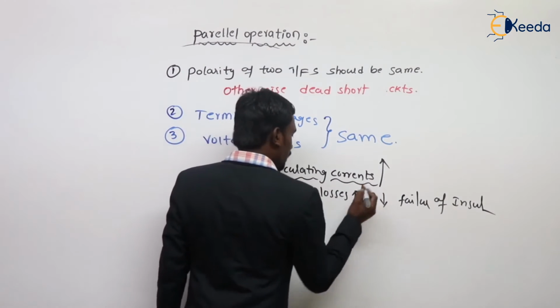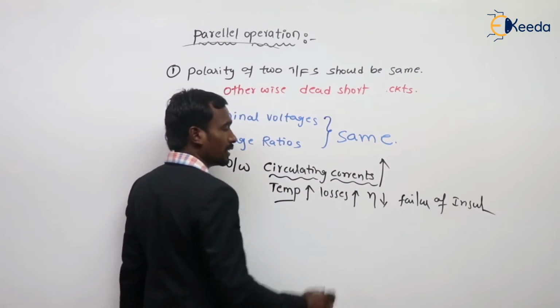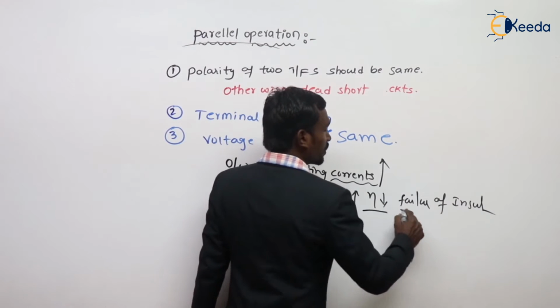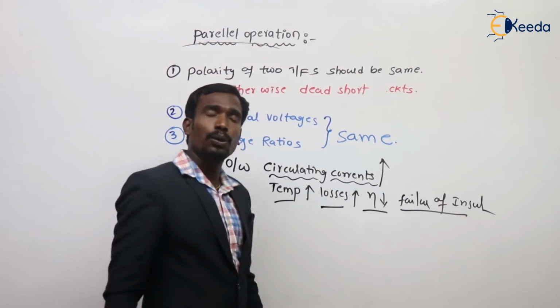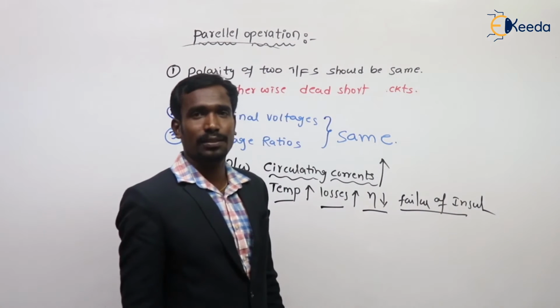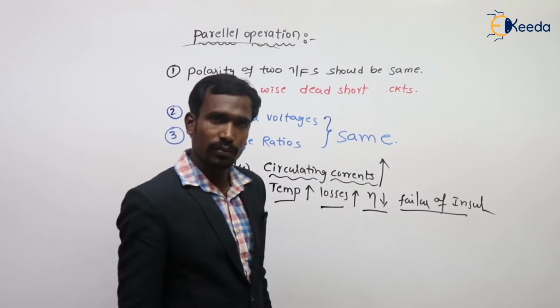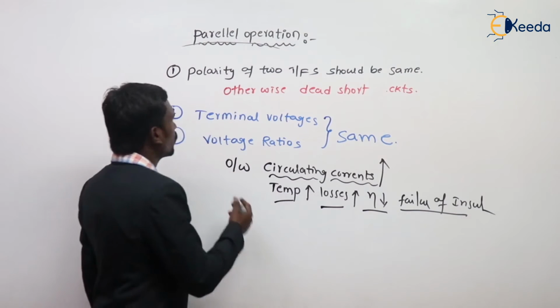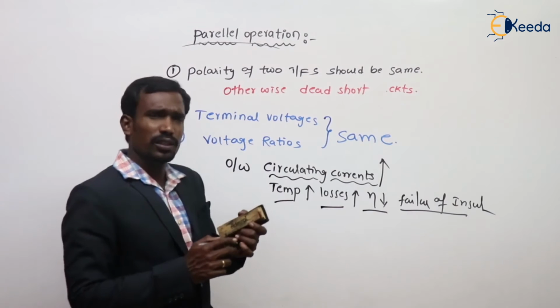Circulating currents increase. If circulating currents increase, temperature increases, losses increase, efficiency decreases, and windings may be damaged. Due to high temperature, windings may be damaged and failures of insulation take place. This is simply about the second and third conditions.